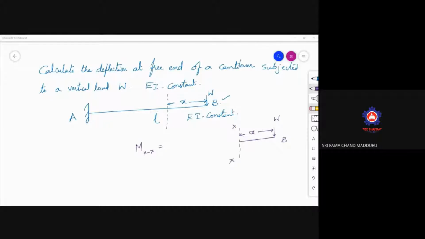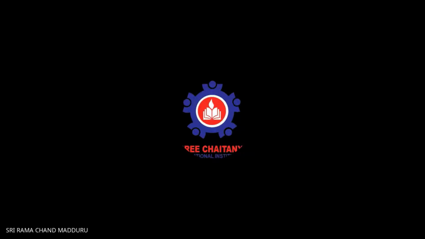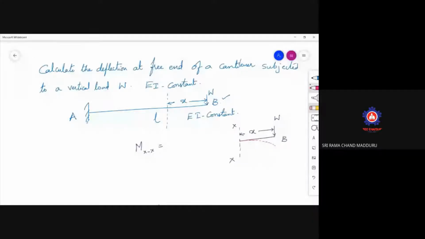The moment is nothing but W into x. When it is deflecting in the downward direction, the curvature is giving a hogging moment.